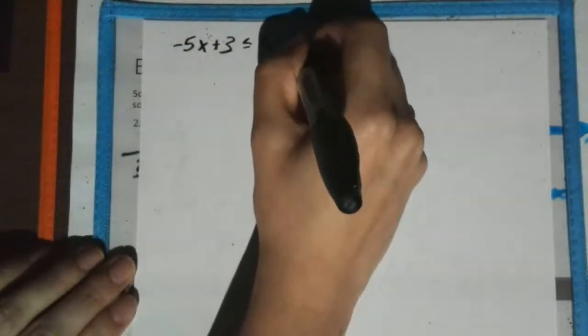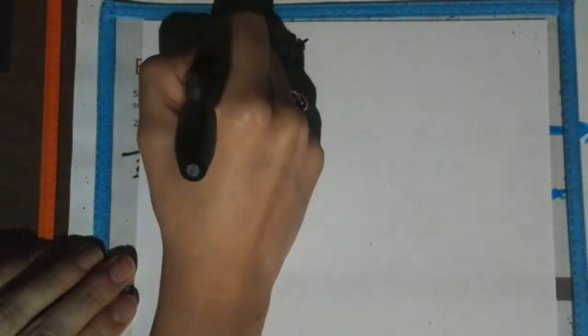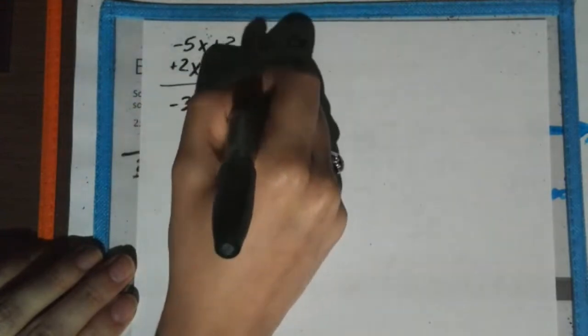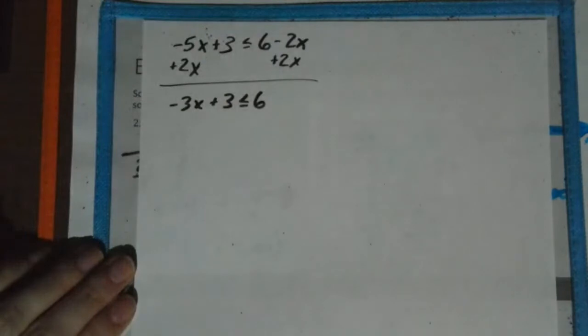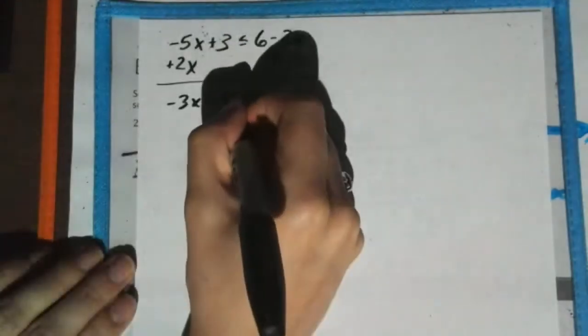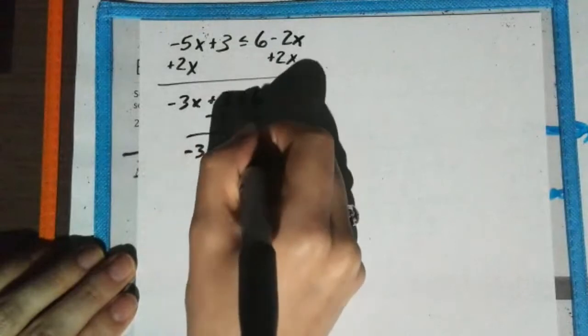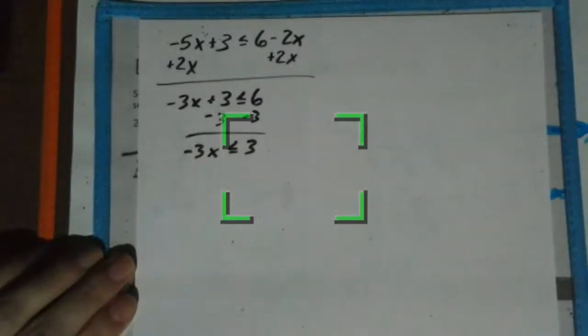If I add 2x to both sides instead of adding 5x to both sides, then I'll have negative 3x plus 3 is less than or equal to 6. I subtract 3 from both sides. We get negative 3x is less than or equal to positive 3.